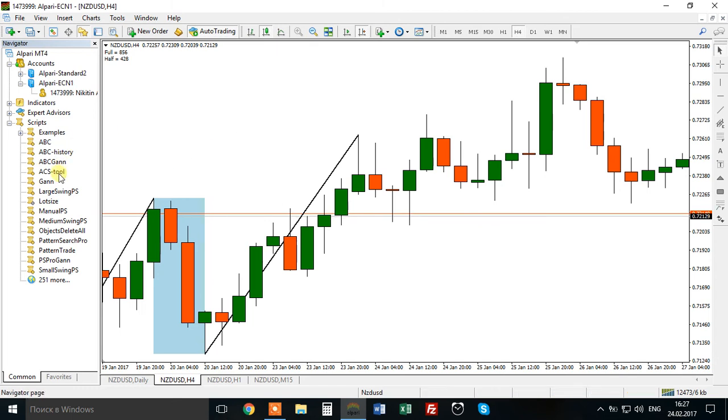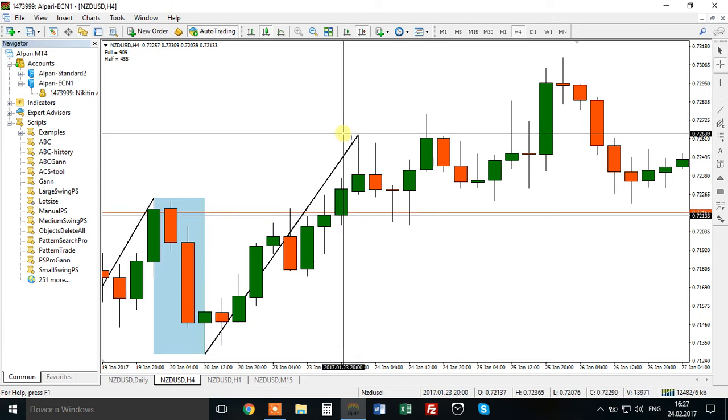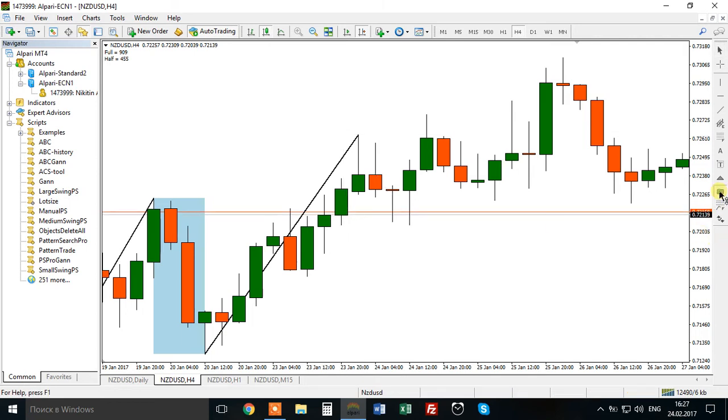Okay, so what does ACS say? It says that it should be at least 45.5. Let's measure that 45.5. It is 56.4. Valid. We shouldn't skip it. Then we go next. This way.